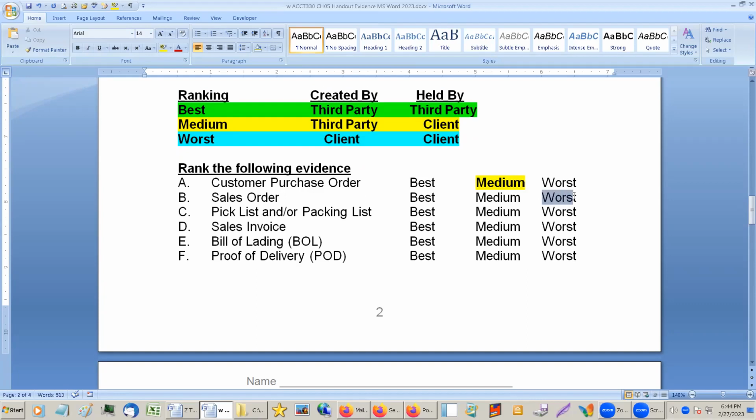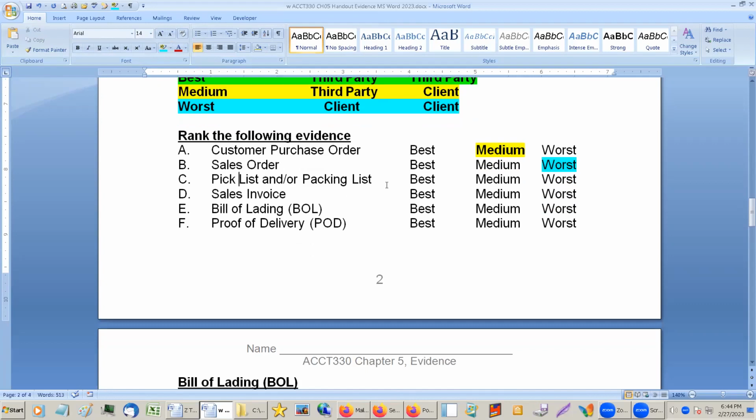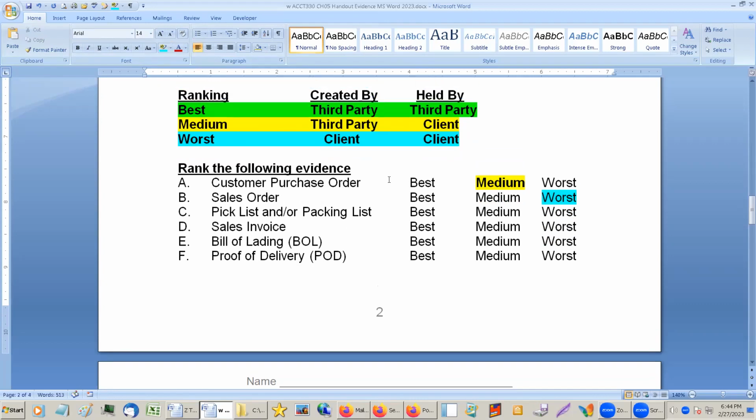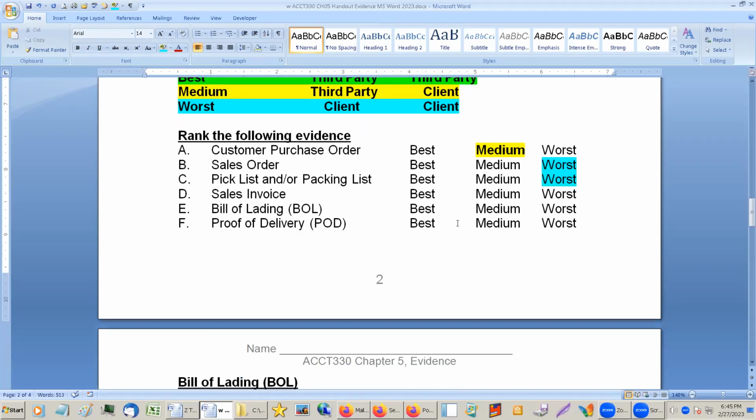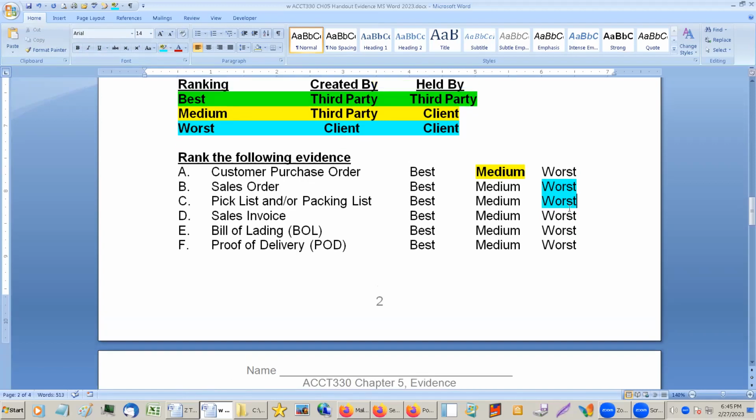Yeah, worse. They made it, they hold it. Pick list or packing list. Worse. Client made it, client holds it. Sales invoice. Worse.